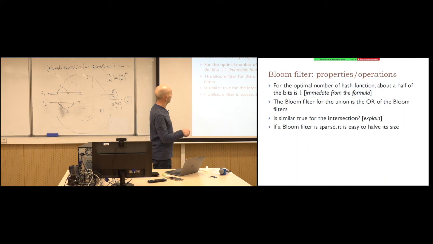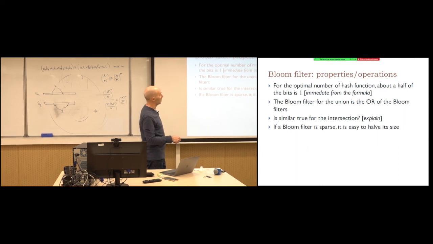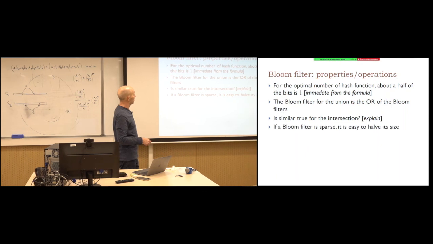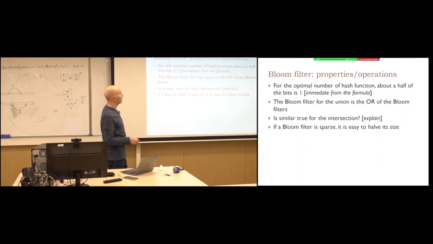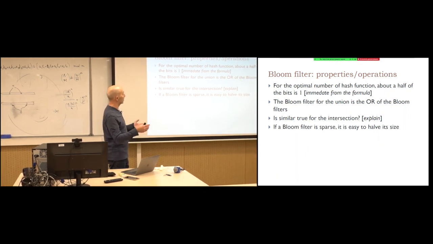Another observation is that if a Bloom filter is sparse, meaning it has too few ones, then we can actually halve its size by redefining hash functions. We can take the OR of the two halves and redefine the hash function accordingly, and we don't need to compute the Bloom filter from scratch again.